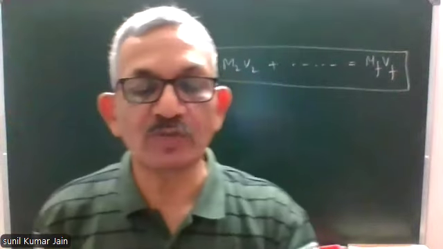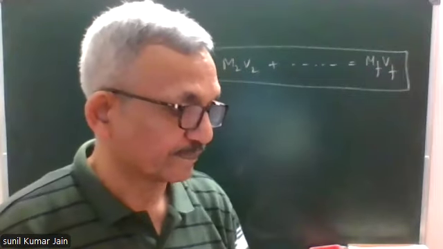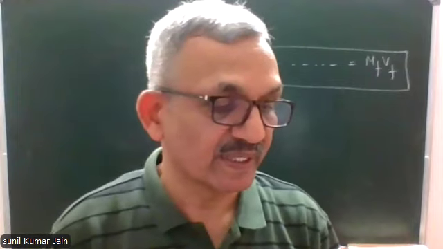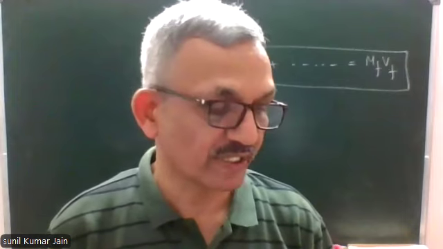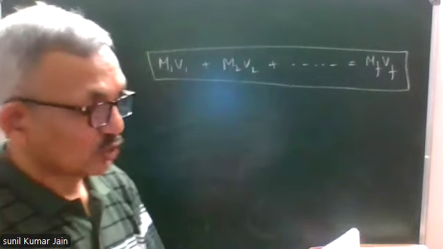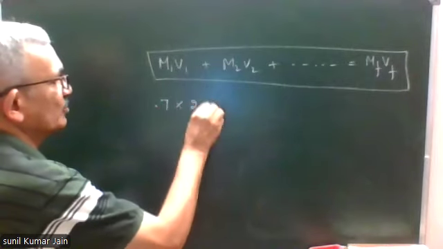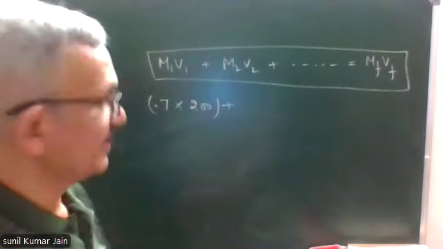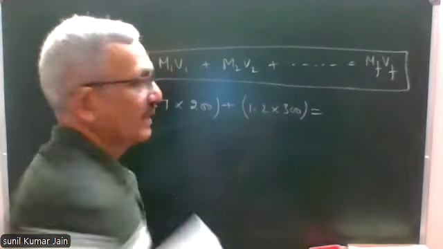I've shared in-text numerical number 29 in your WhatsApp. We'll solve this one. Numerical is 200 cc of 0.7 molar and 300 cc of 1.2 molar solutions of NaCl are mixed together. Calculate the molarity of resulting solution. See, 200 cc of 0.7 molar, molarity 0.7, volume 200. 300 cc of 1.2 molar, molarity 1.2, volume 300.